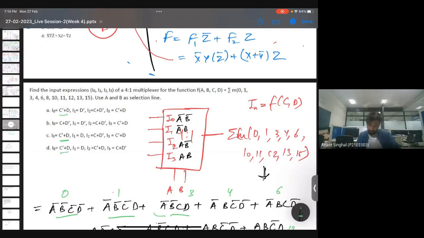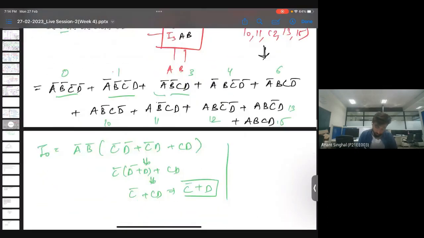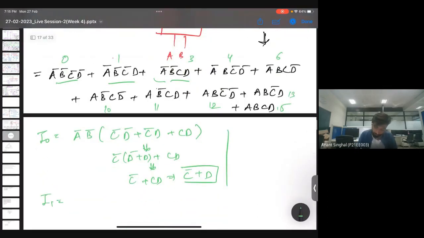Similarly, we can calculate for I1 and I2. So I'll do it right away. So I1 will be A bar B we already have. It will be C bar D bar plus C D bar plus C D bar plus, okay, only this.